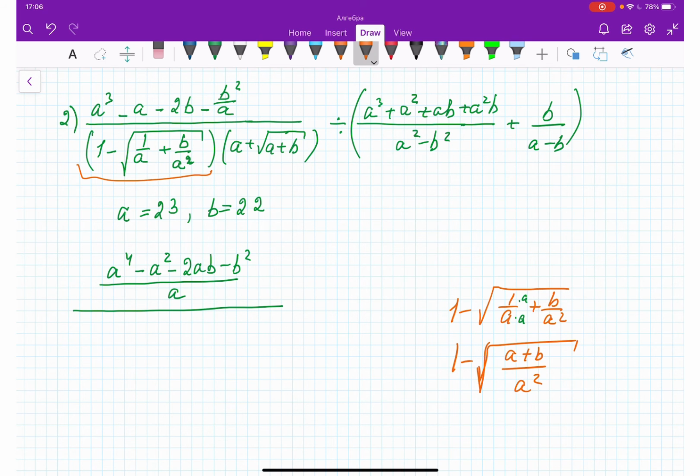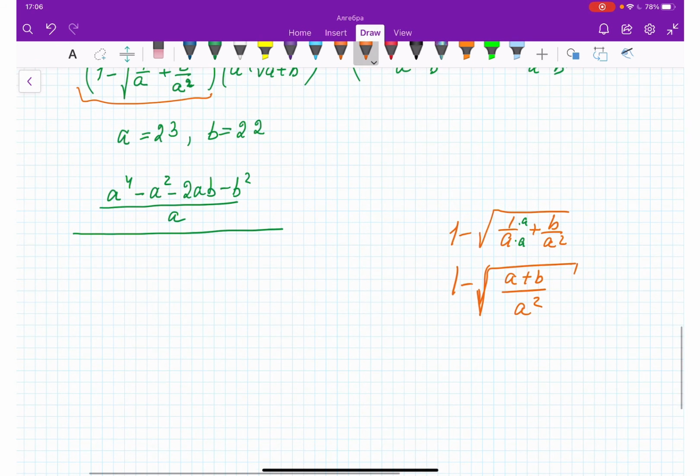Now, this I can write down as a minus square root a plus b over square root a squared, which is going to be equal to 1 minus square root a plus b divided by a.